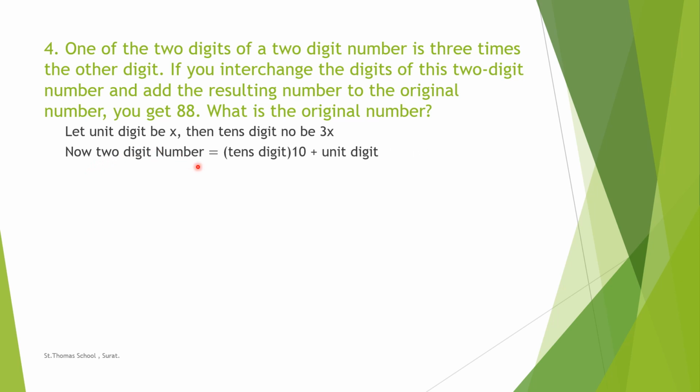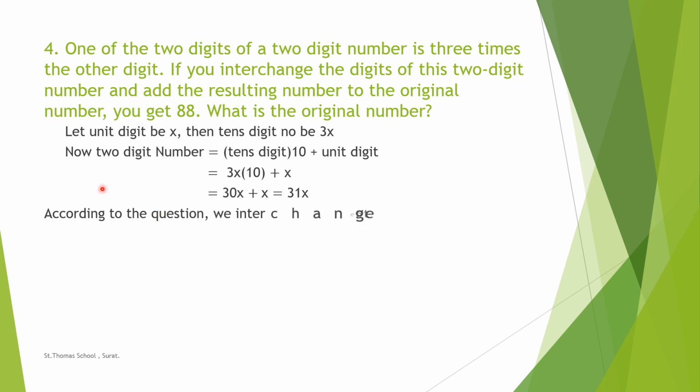Now, the two-digit number is equal to tens digit multiplied by 10 plus unit digit. Already I explained in the last sum, same as this. Now, the tens digit here is 3x, 3x multiplied by 10 plus x. 10 threes are 30, 30x plus x, that is 31x. So, what is the two-digit number? 31x.